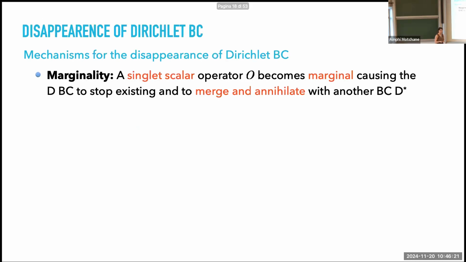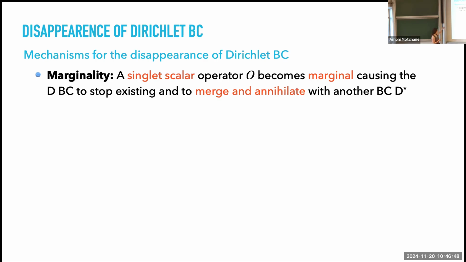So we have several proposals for the disappearance of this Dirichlet boundary condition. Let me start with the first, which is the most appealing. One possibility is that some singlet scalar operator, which is at the beginning irrelevant at the boundary, becomes marginal at some point. This corresponds, I will explain in a second why, to a merging and annihilation of CFTs.